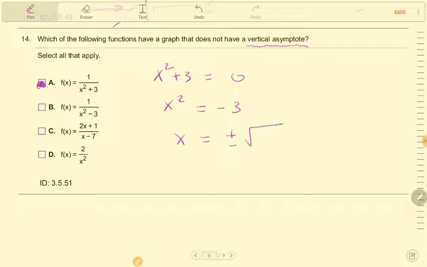Take the square root of both sides, and then you would get that x would have to be a non-real number to get that denominator to be 0, and we're only concerned with real numbers that would create a 0 in the denominator because we're dealing with graphing on the xy plane, and on the xy plane you don't see complex non-real imaginary numbers. So that's how we know A could never have a vertical asymptote.